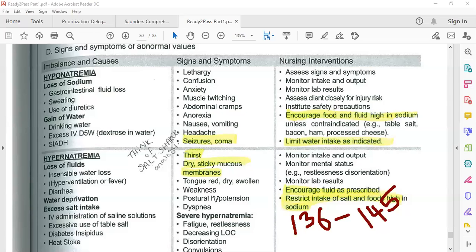Tachycardia. Blood pressure drops, heart rate goes up. Or dyspnea, meaning shortness of breath, or GIT upset, and edema develops if severe.